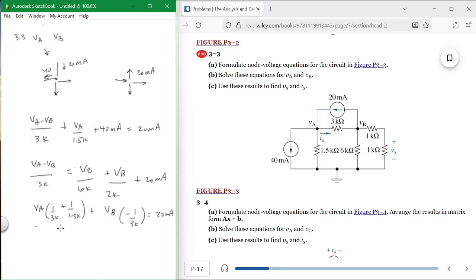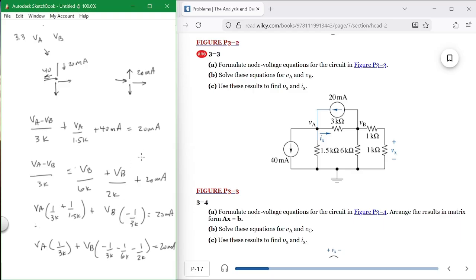Then the other equation is VA times 1 over 3K plus VB times minus 1 over 3K, which is that one, minus 1 over 6K, which is that one, minus 1 over 2K, which is that one, is equal to 20 milliamps.